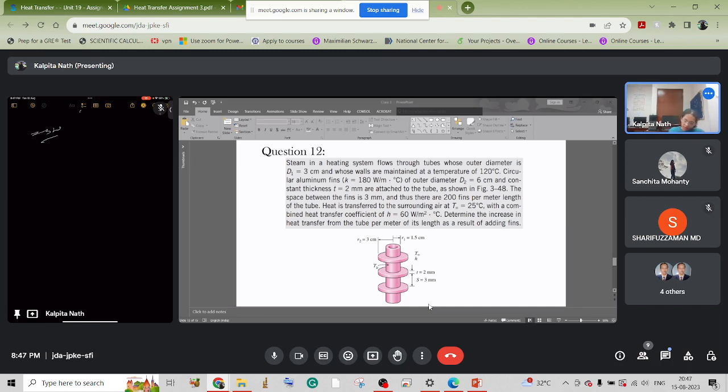Take note this is diameter, not the radius. So from the difference, you can easily find out the length. And from that length, you can find out R2 plus half t upon R1.